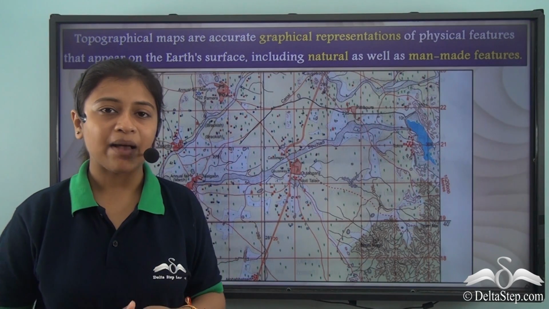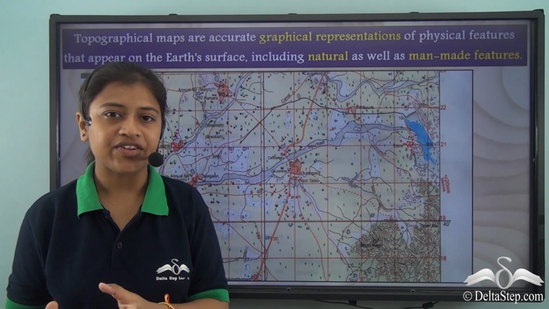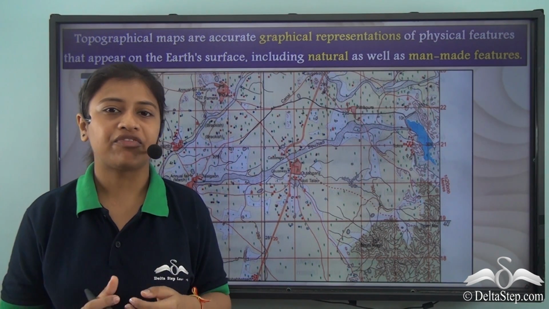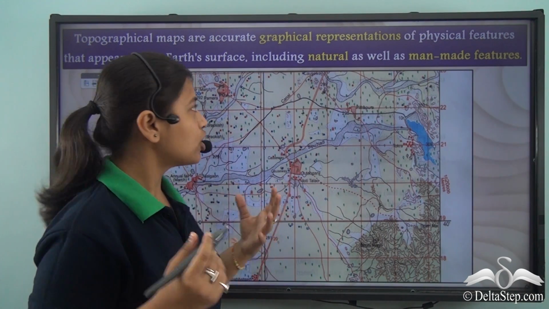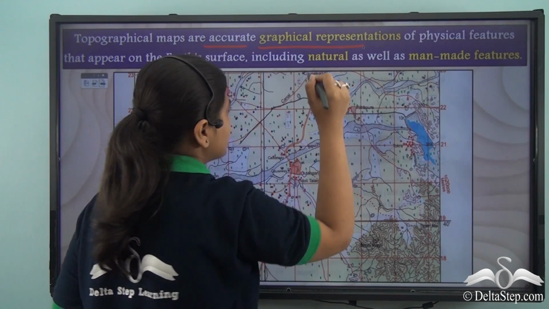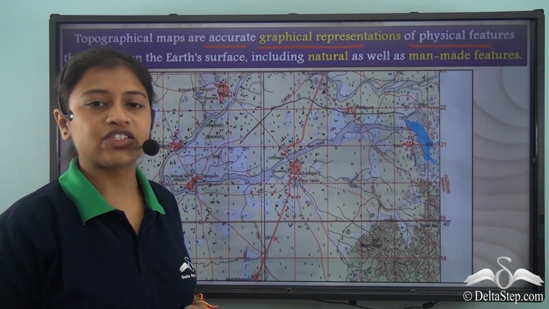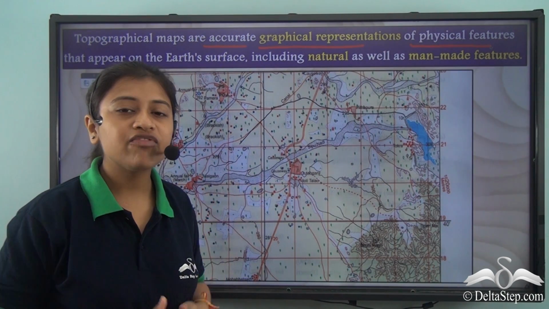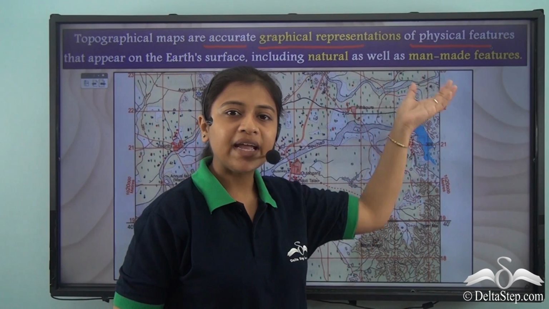So these maps that help us understand the topography of any area are known as topographical maps. So what exactly are topographical maps? Well, topographical maps are accurate graphical representations of physical features. These physical features mainly include the natural formations. However, it also includes the man-made features.